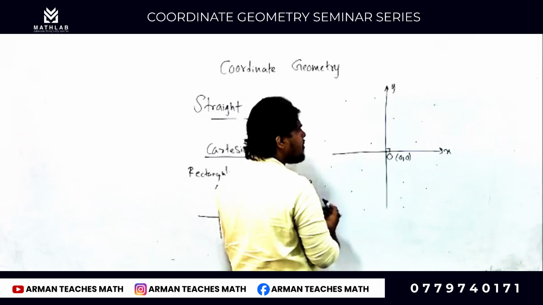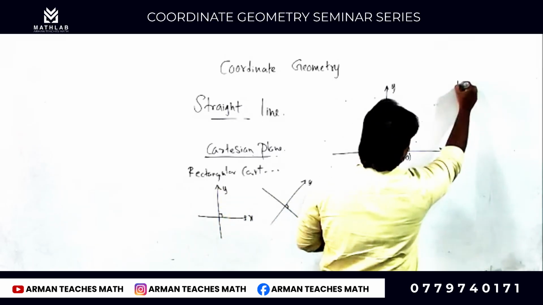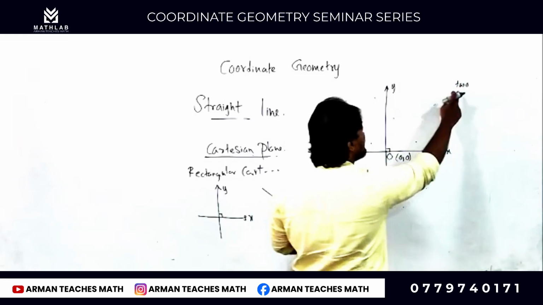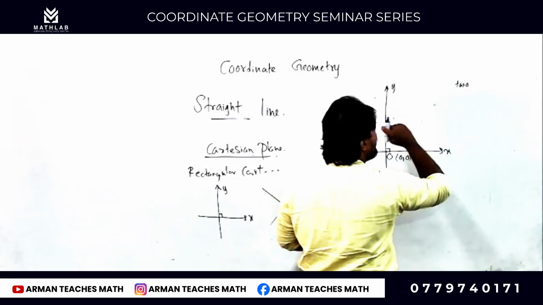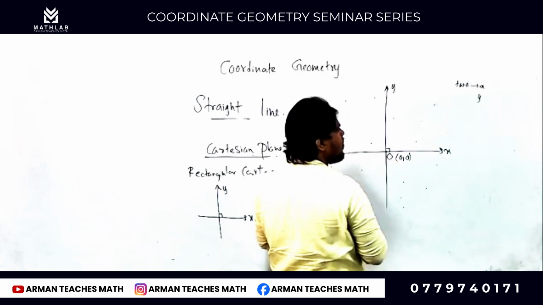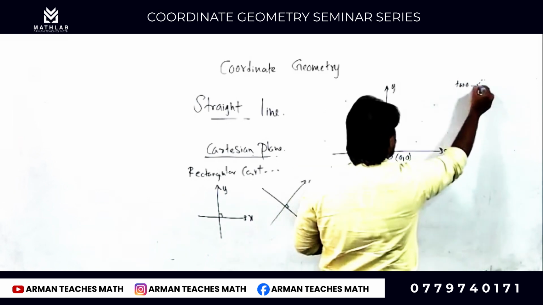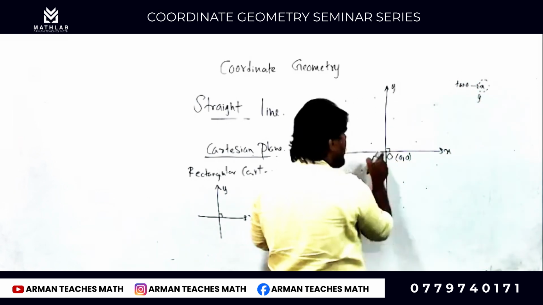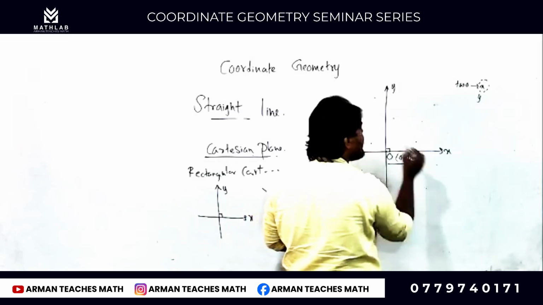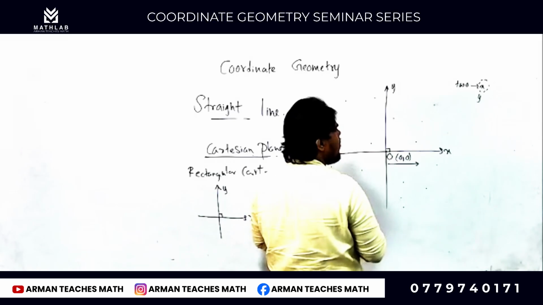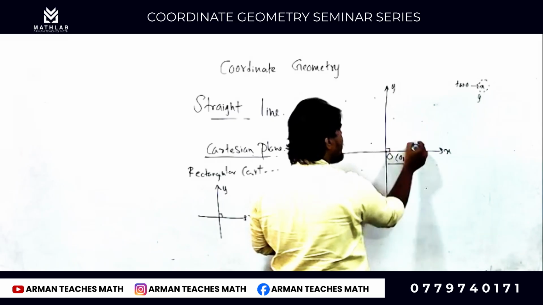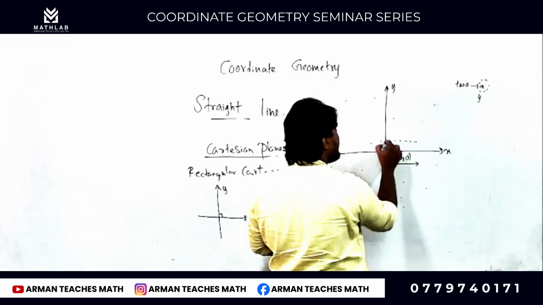That address has two coordinates, two values. We call them the x coordinate and the y coordinate. The x coordinate is the horizontal distance from the origin to that point, and the y coordinate is the vertical distance.